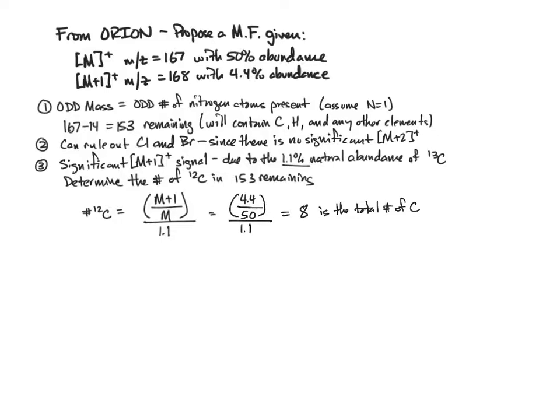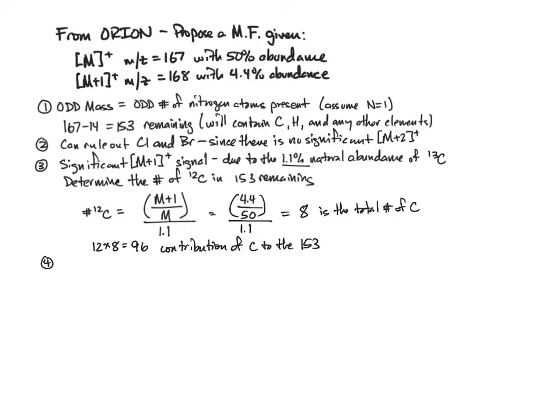So we can now back calculate the atomic mass contribution of carbon to that 153. If we take 12 times 8, that gets us 96. So this is the contribution of carbon to the 153.